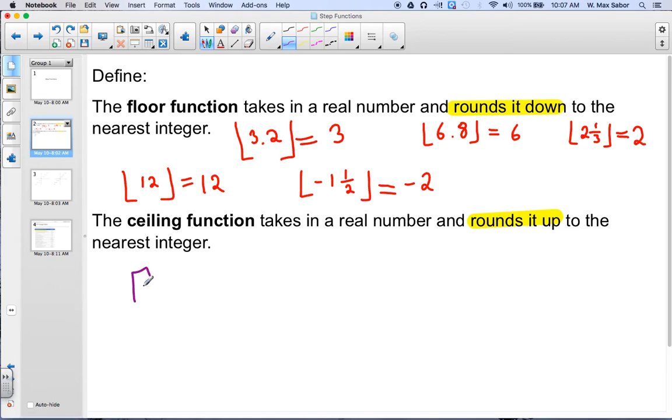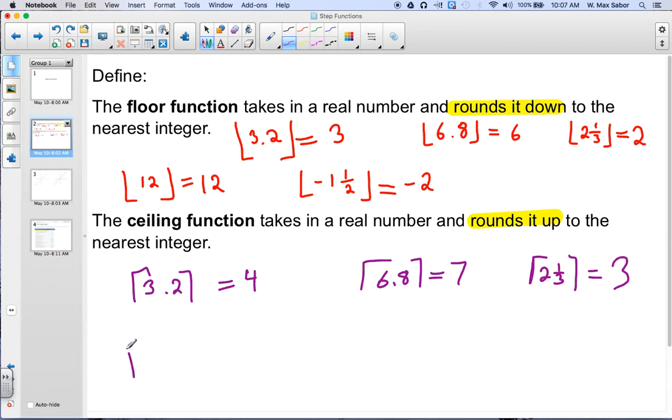The ceiling function is exactly the same idea, but in the opposite direction. So if we take those same numbers, 3.2 should become, well, not 3. We're automatically rounding up, so 4. If we have 6.8 and we round that up, it will become 7. 2 and a third rounds up to 3.